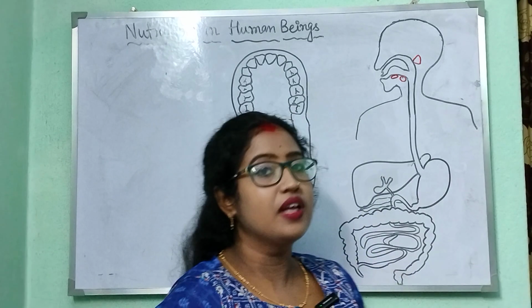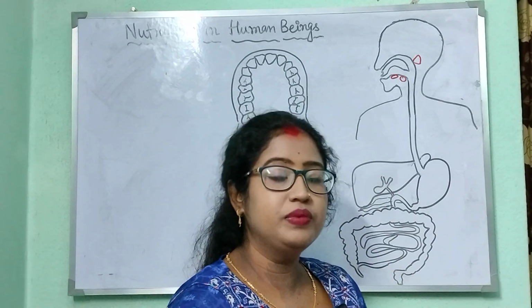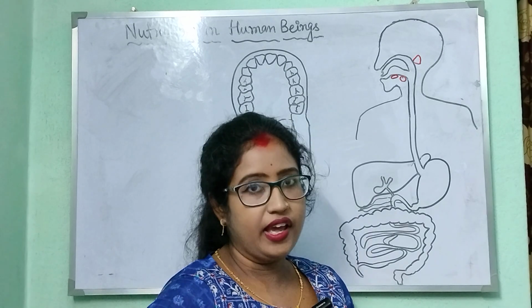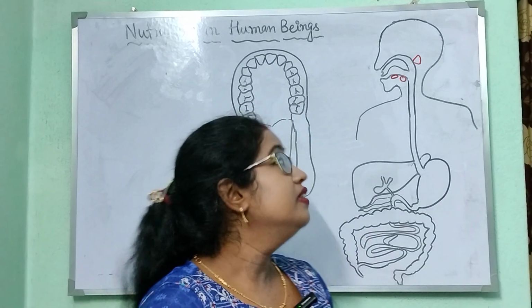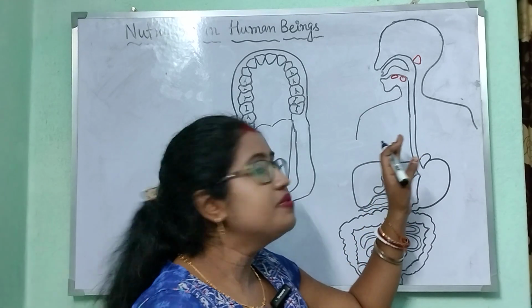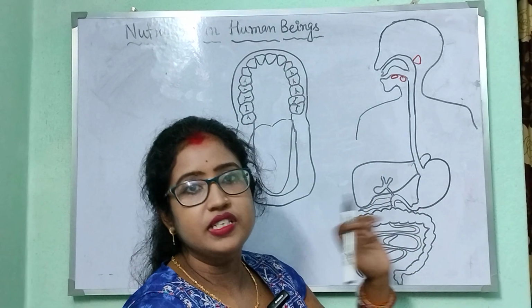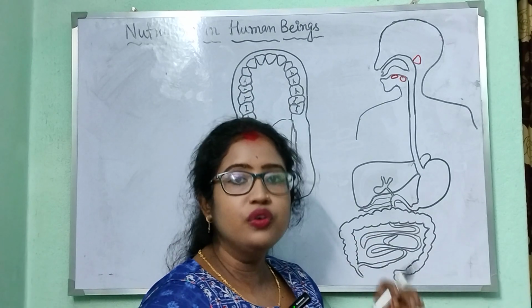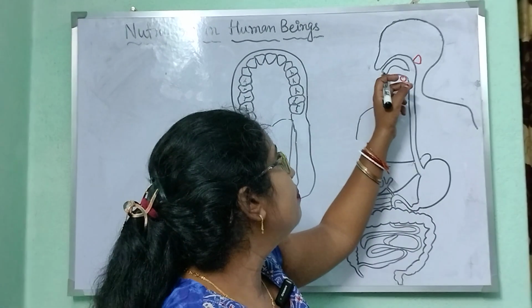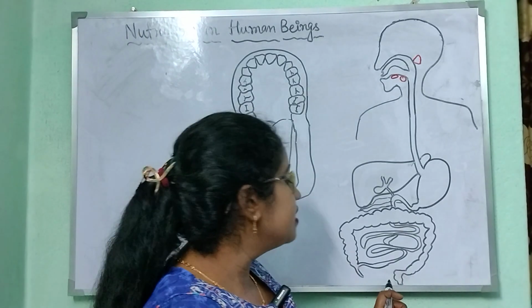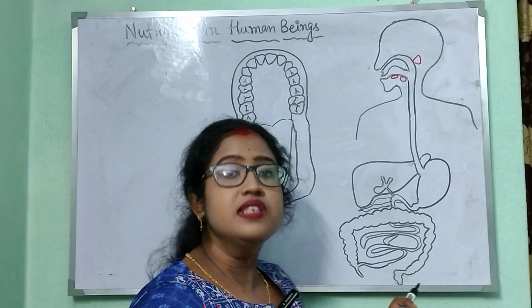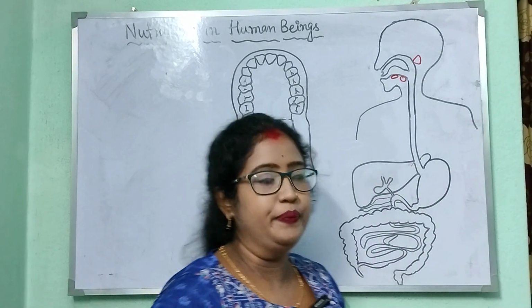So humans have a well-developed digestive system just like other multicellular organisms, and their digestive system is known as the alimentary canal. The alimentary canal is basically a long tube starting from the mouth and ending in the anus. So this long tube is known as the alimentary canal.